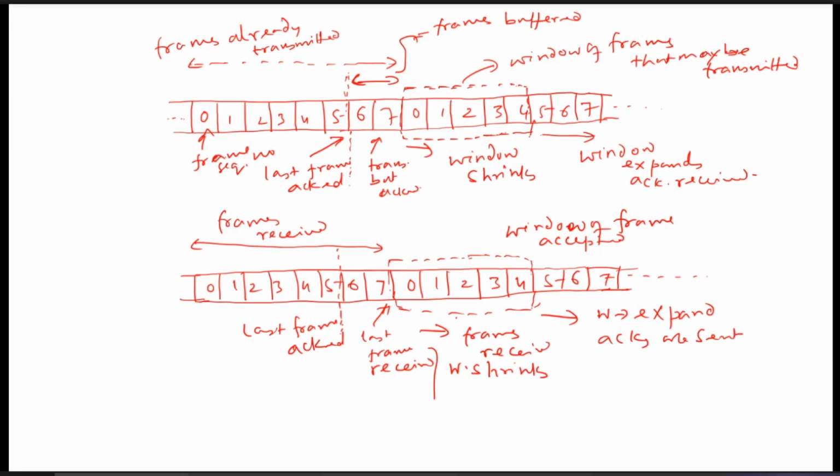So the two things are there. These are frames received but acknowledged up to 5. Here the window will shrink when the frames are received, and the window will expand when the acknowledgements are sent.